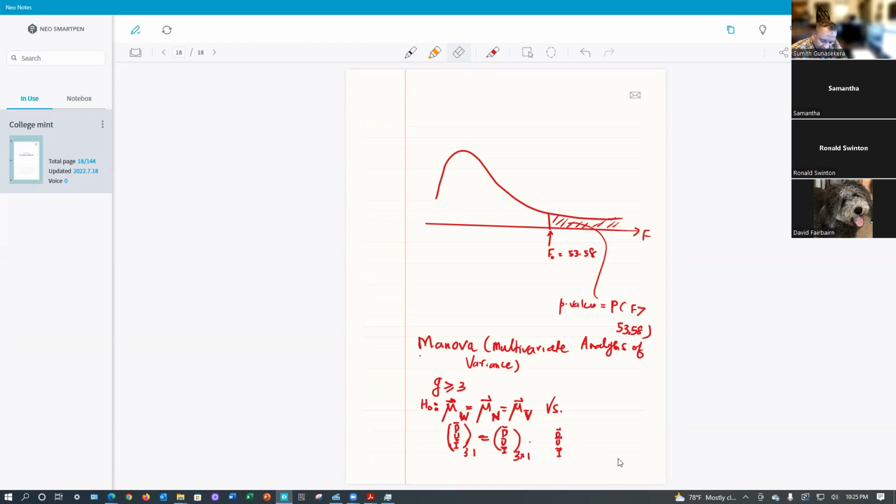This one equals d bar, u bar and I bar for that group, 3 by 1.